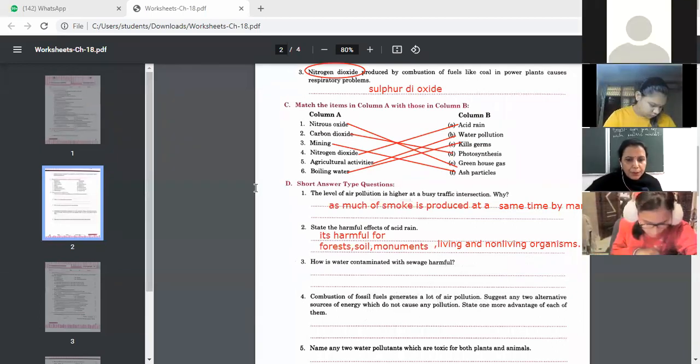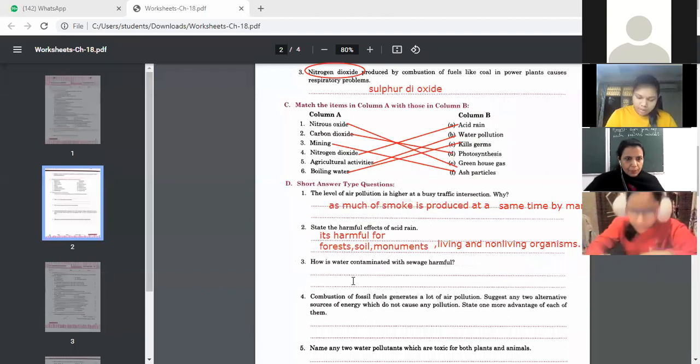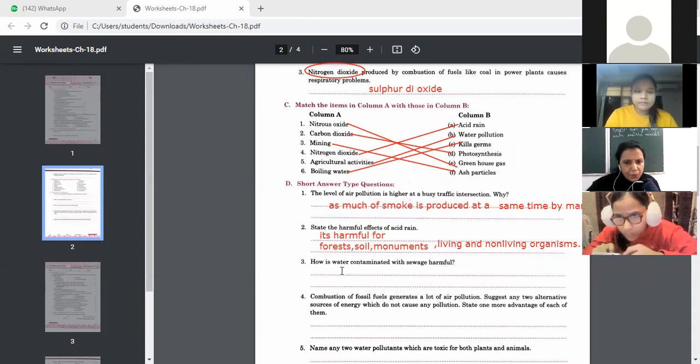Yes, Anshika, you have raised your hand? Contaminated water may contain sewage, bacteria, microorganisms. Yes, Anshika, speak out. Water contaminated with sewage may contain bacteria, viruses, fungi, and parasites, which cause diseases like cholera, typhoid, and diarrhea. Tell the page number so that everybody can write it down.